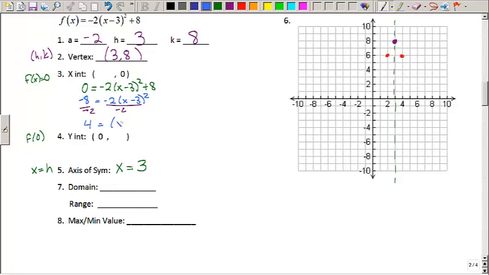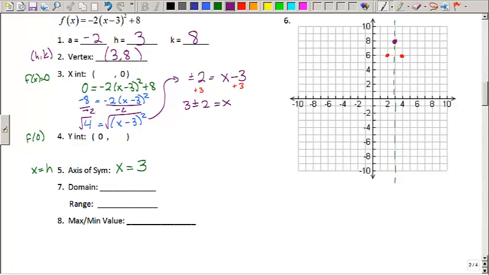I'm going to square root both sides. And whenever you square root both sides, you have to take the plus or minus part. So plus or minus 2 is equal to x minus 3. Lastly, I add 3 to both sides. And I have 3 plus or minus 2 equals x.